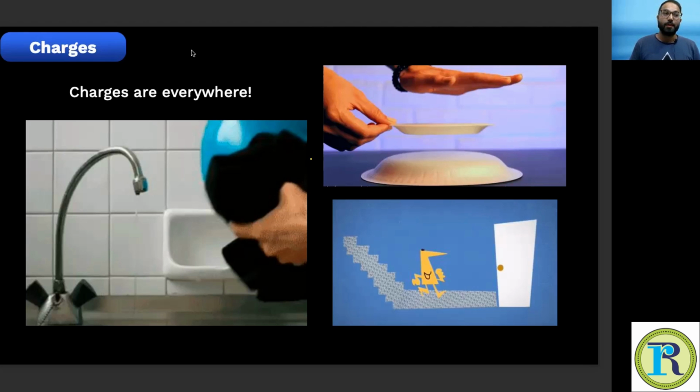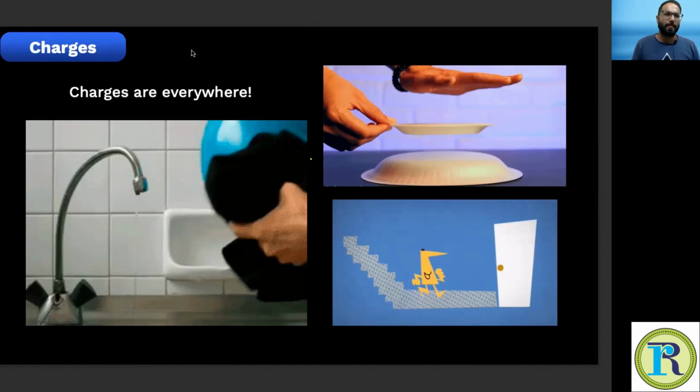Many times you have felt that when you try to comb your hair, you can hear a very little chit chit sound.